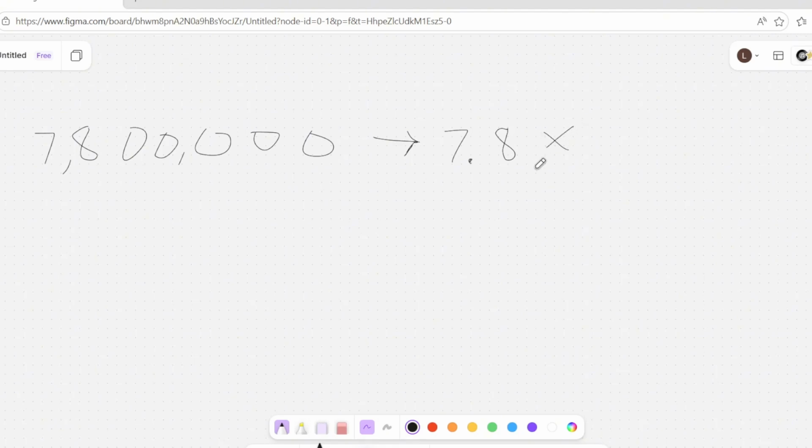And then afterwards, we're going to use times 10. How many times did the decimal point move between 7 and 8? So let's count. 1, 2, 3, 4, 5, 6. So we will be writing 6 here as our exponent. Let's check if our answer is correct. Okay, so our solution is correct.